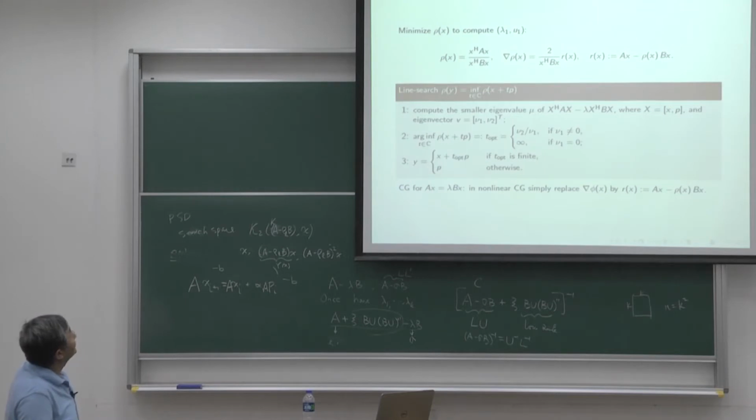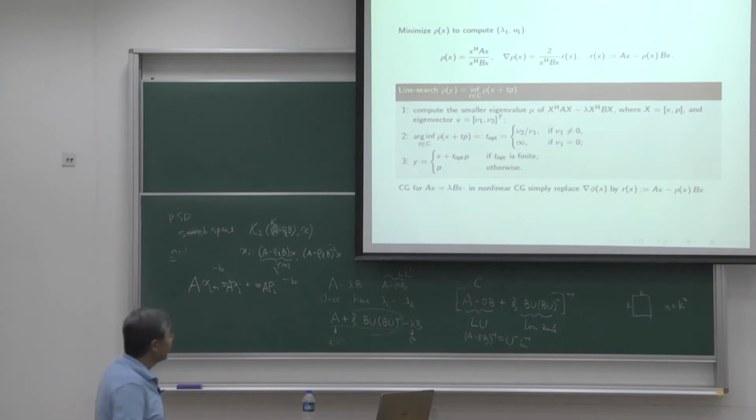Okay, so this is for Ax = lambda Bx. That's a Rayleigh quotient, and we know lambda_1 is the minimum of rho(x). So that's where CG comes into the picture, and the gradient can be computed.